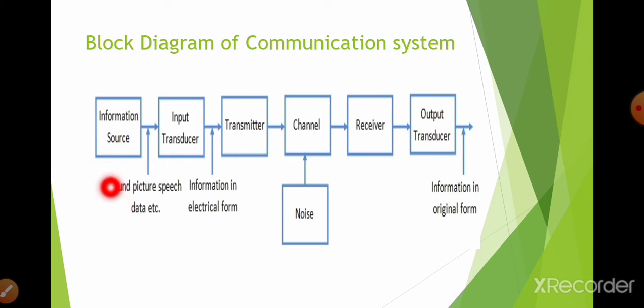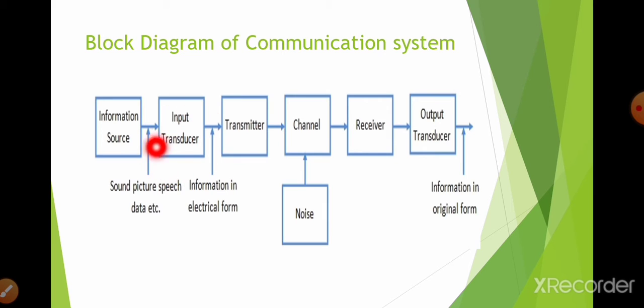It may be sound, picture, speech, data, etc. This is the original information that is applied to the second block, the input transducer. As you know, a transducer means a device which transfers one form of signal into another form.